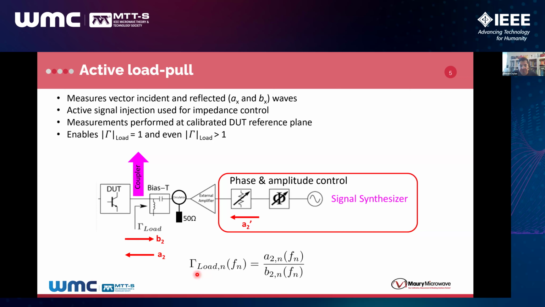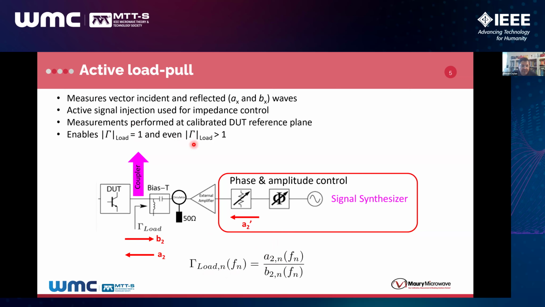So it's an artificial load, but it's on us, so we can control any gamma by injecting the correct A2 signal. And of course, the critical thing here is the power. When you have enough power, you can go to any gamma, even one and larger than one gamma.